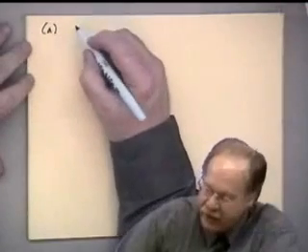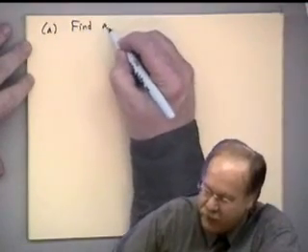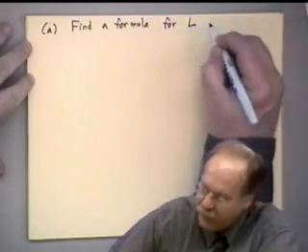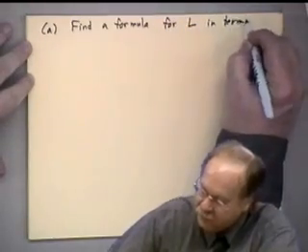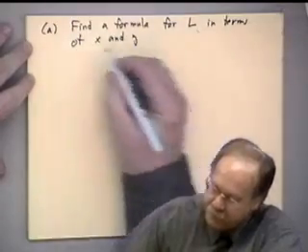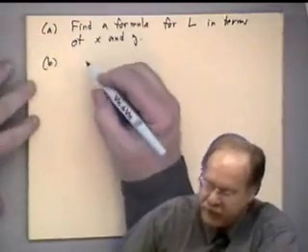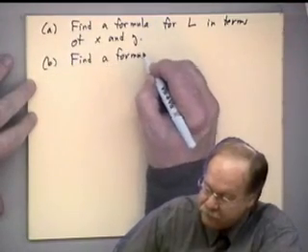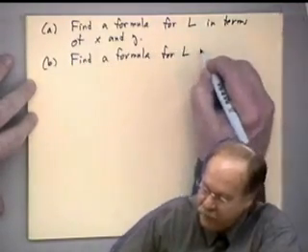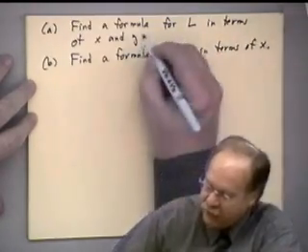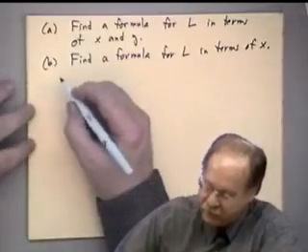Now here are your questions. Question A, find a formula for L in terms of x and y. Second question, B, find a formula for L in terms of x only, not x and y, just x.